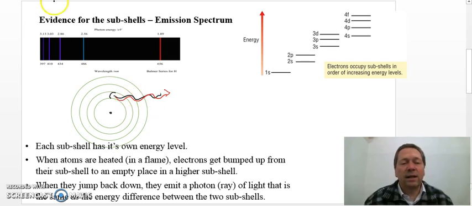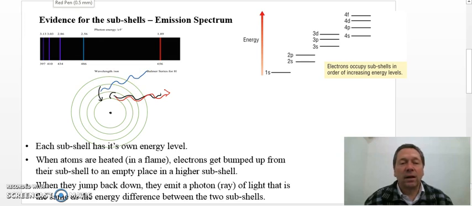Now, if the electron was bumped up higher in the flame and jumps from here to here, you can see that it's a bit further to jump, and so the color that gets given off is a different color. It's actually blue now. So this jump corresponds to a blue light ray coming off.